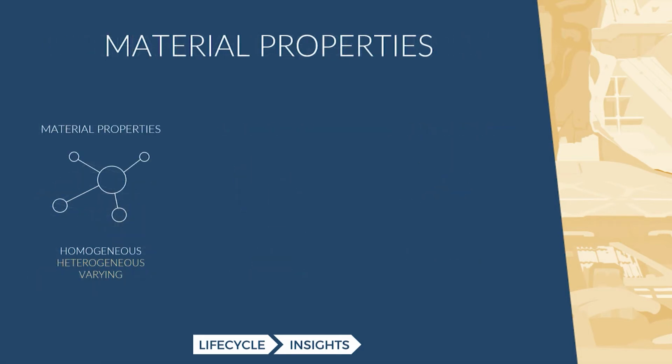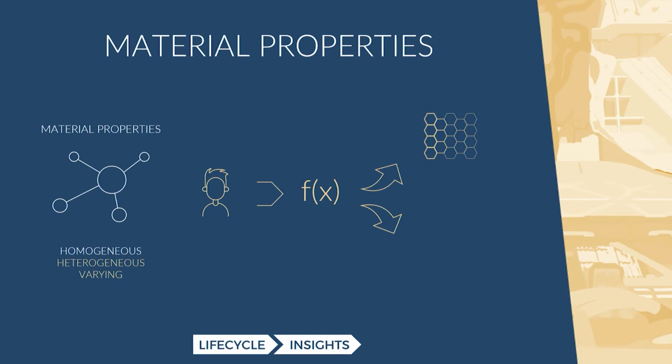Now, the idea here is that an engineer can actually specify how material properties change according to a function or equation, and use that in combination with additive manufacturing. So you can have the material properties change according to a certain axis within your part.